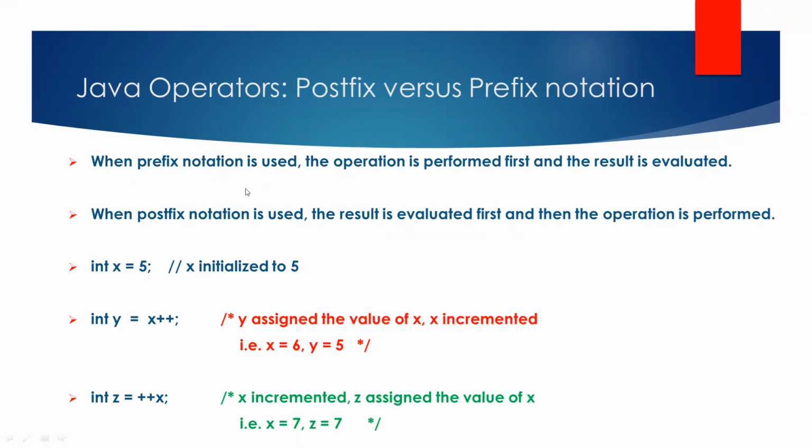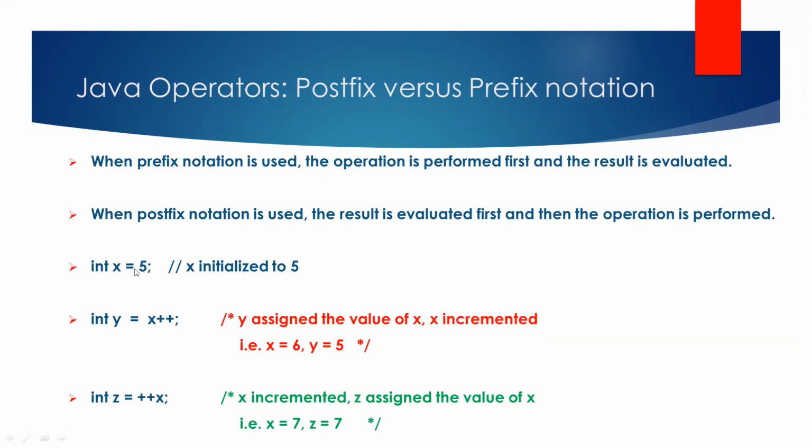And when we use the postfix notation, then the result is evaluated first and then the operation is performed. Operation means the increment and decrement operation. This is the difference between prefix and postfix.